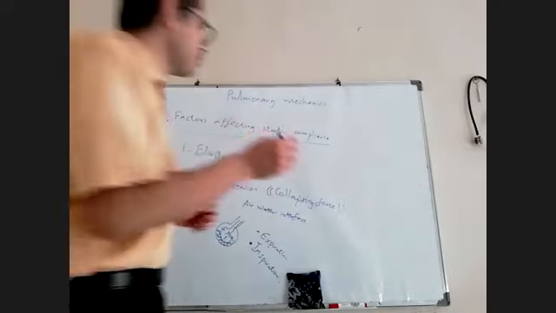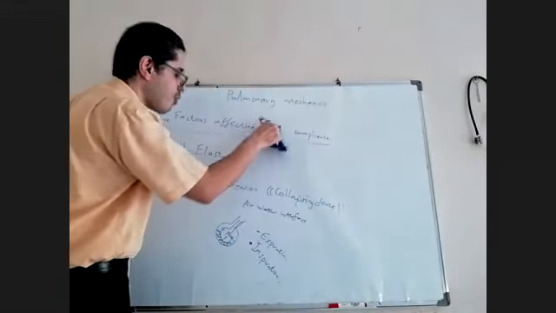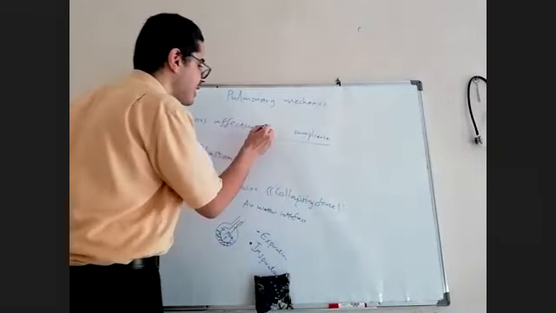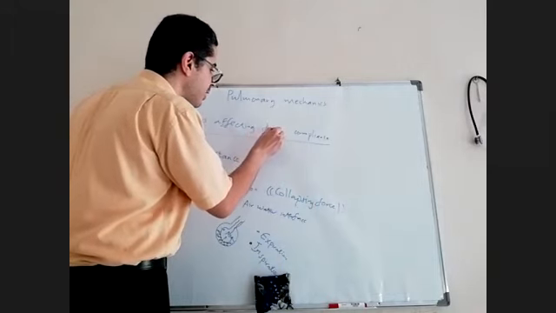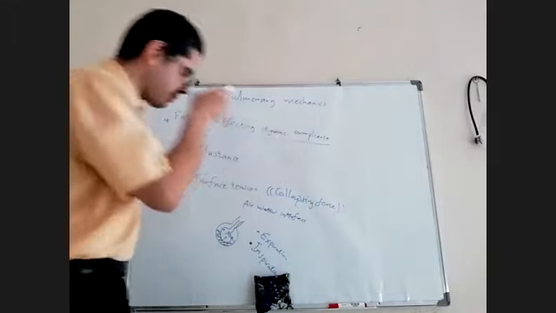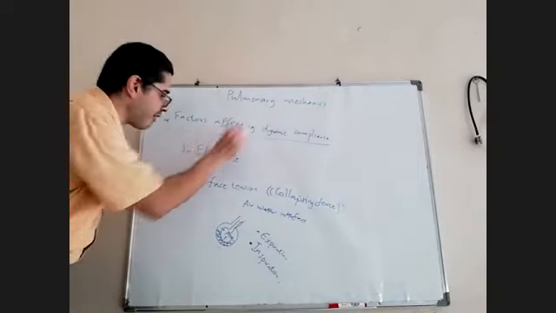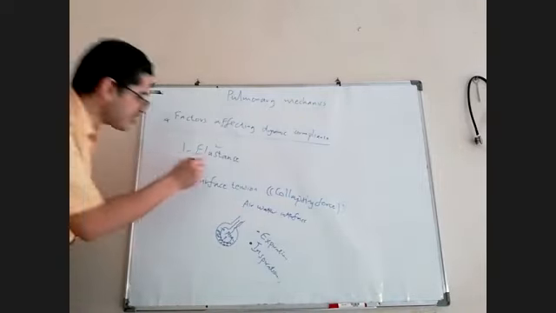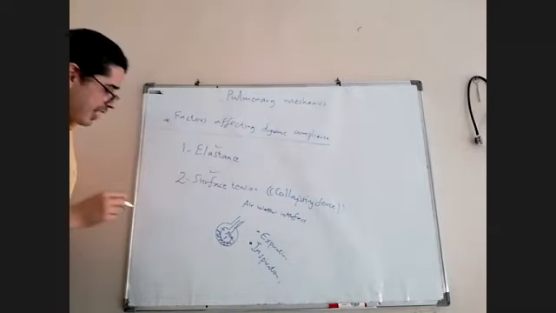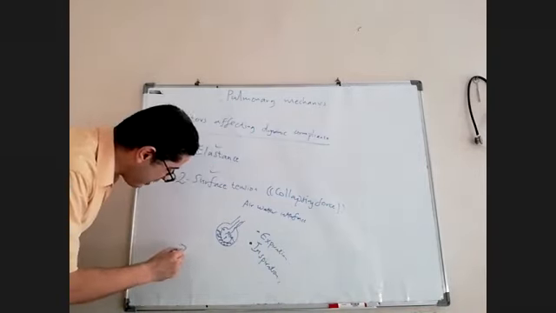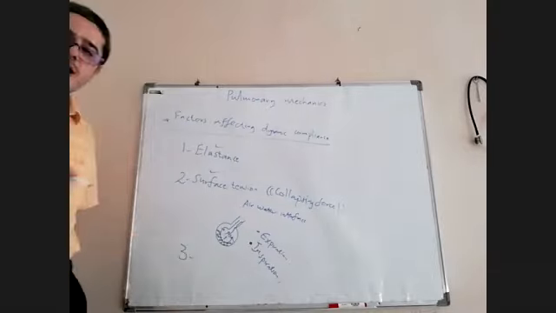If I come to the factors affecting dynamic compliance, when there is flow, it is dynamic compliance. So the same factors, elastance and surface tension, still will affect, but what is the other factor which affects dynamic compliance?